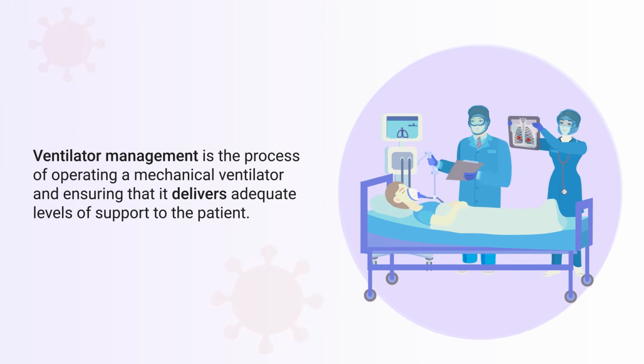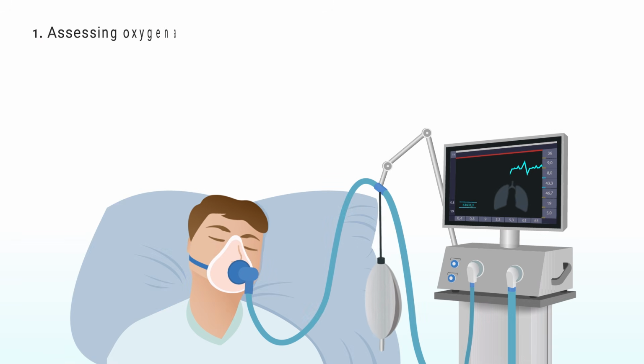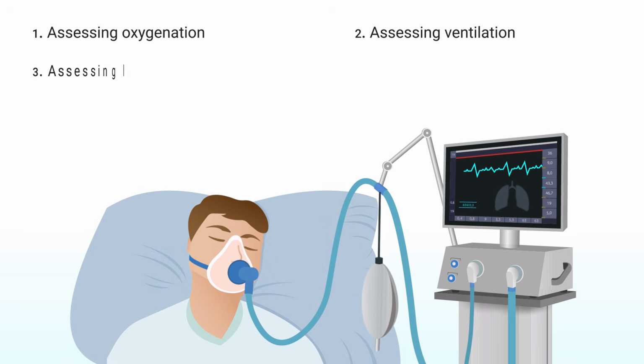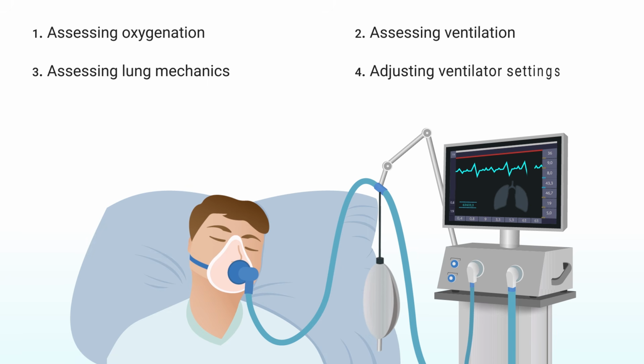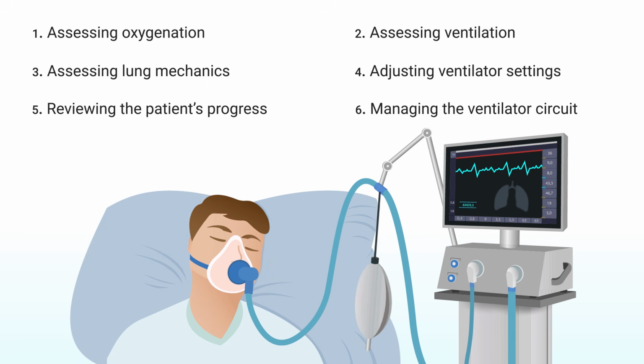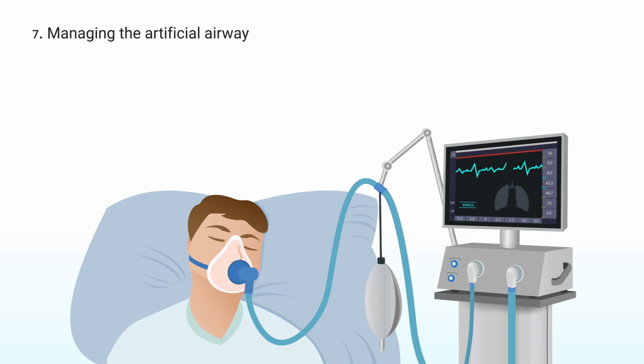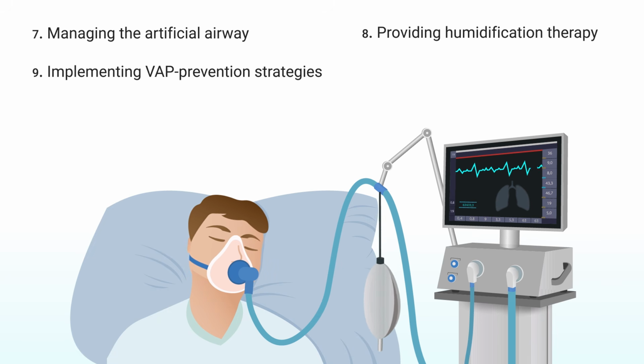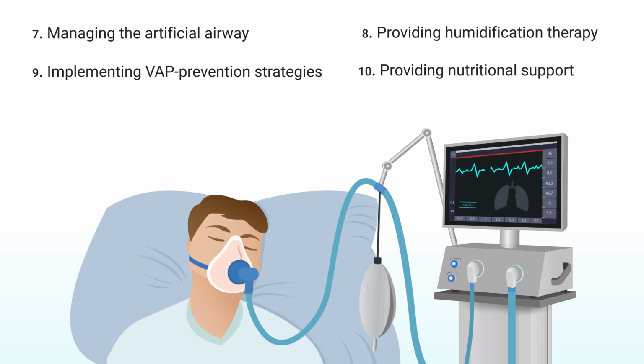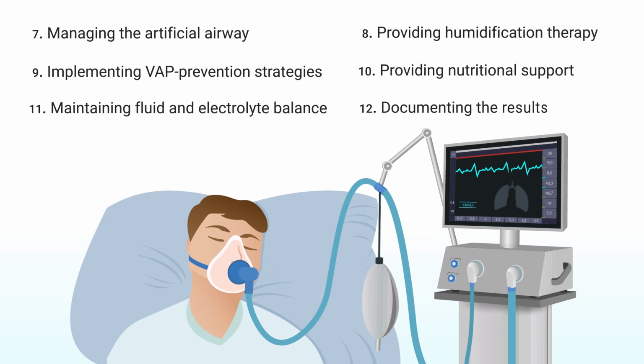Ventilator management is the process of operating a mechanical ventilator and ensuring that it delivers adequate levels of support to the patient. This includes assessing oxygenation, ventilation, assessing lung mechanics, adjusting ventilator settings, reviewing the patient's progress, managing the ventilator circuit, managing the artificial airway, providing humidification therapy, implementing VAP prevention strategies, providing nutritional support, maintaining fluid and electrolyte balance, and documenting the results.